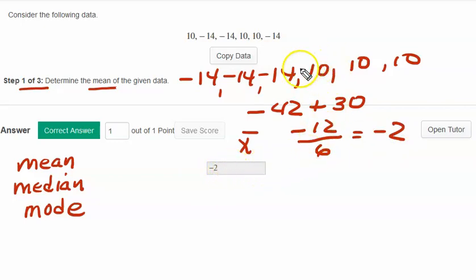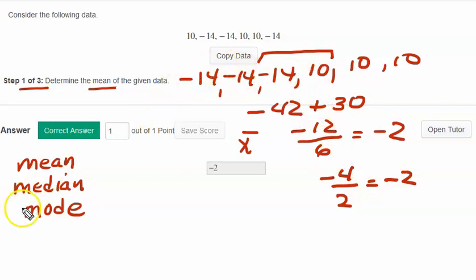Now for our median, they're in order, so we take our middle 2, since it's an even number, a negative 14, a negative 10, add up to a negative 4, divided by 2. Our median is also a negative 2.